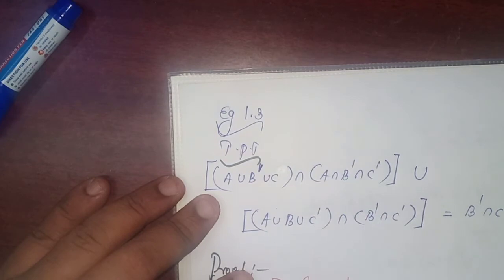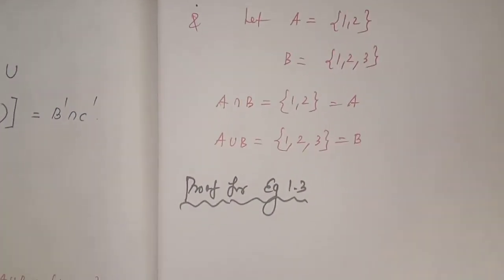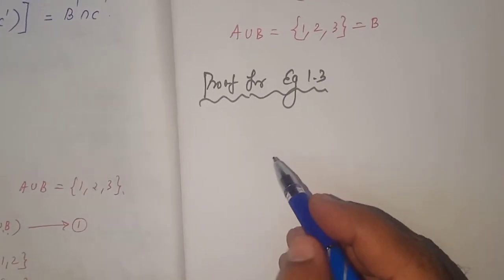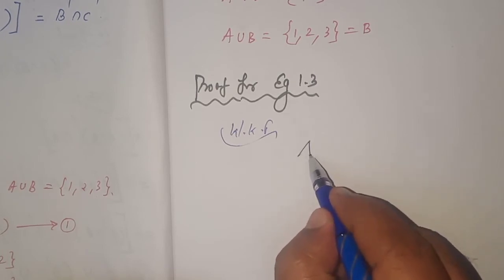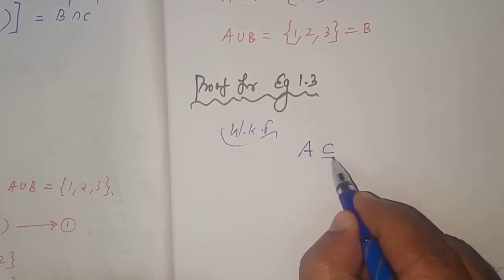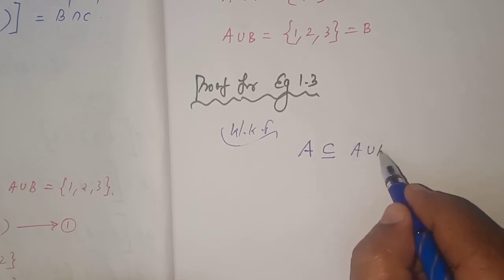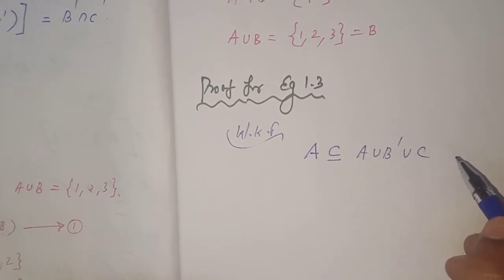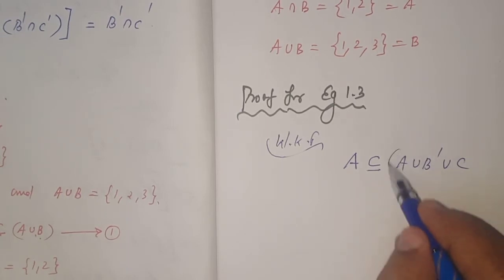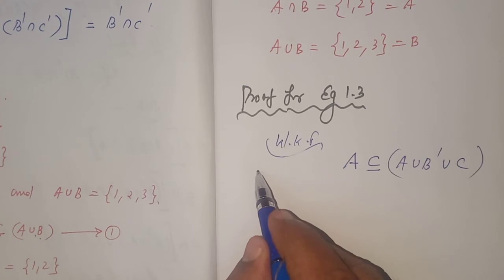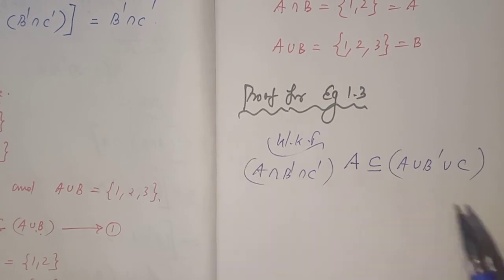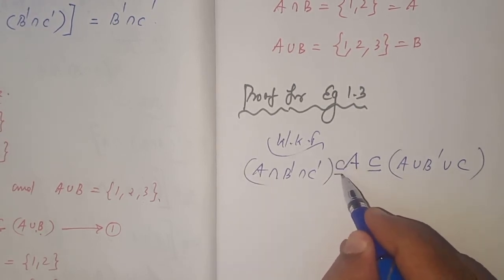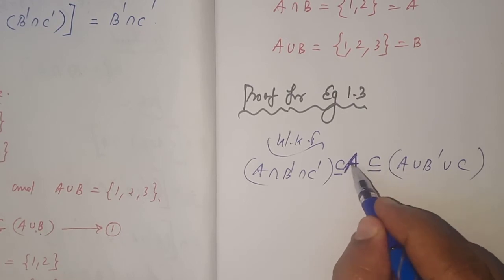Okay, now we can get into the proof. We know that A is a subset or equal to A union B dash union C, the right hand side. The left hand side you have to write A intersection B dash intersection C dash, subset or equal to, according to this note.